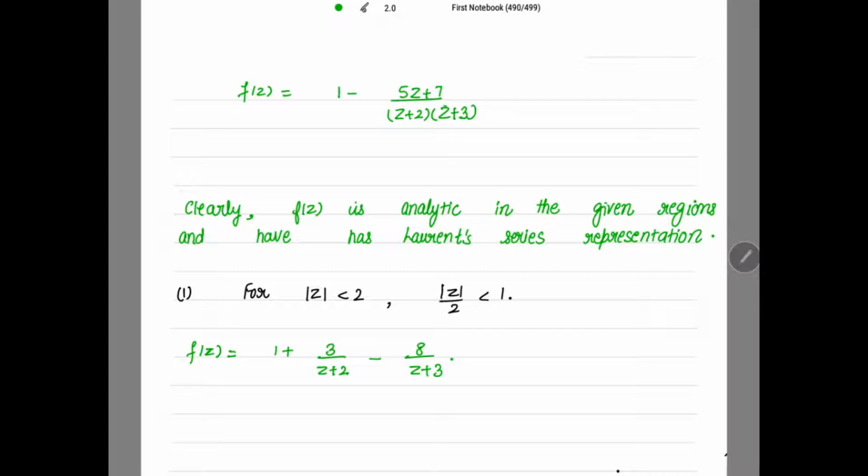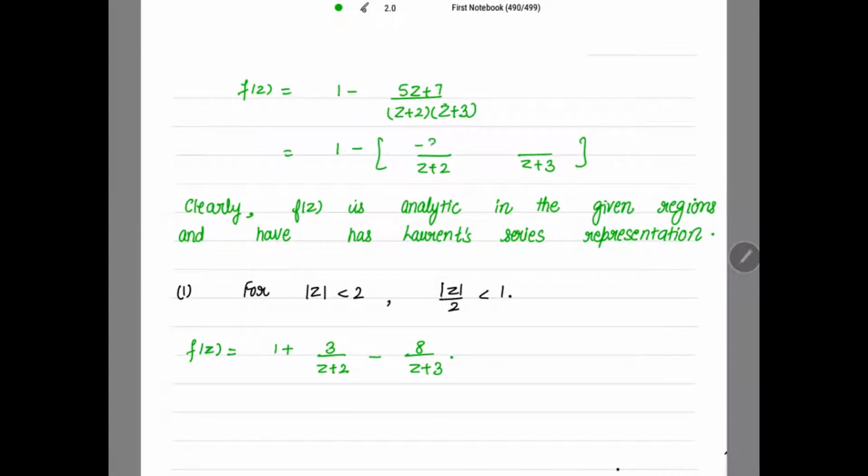Right? So now separate them as partial fractions, over z + 2 and z + 3. If I put z + 2 equal to 0, what do I get? z equal to −2. Now put z = −2 in the above (5z + 7) over (z + 3), excluding z + 2, and you will get −3 over 1.